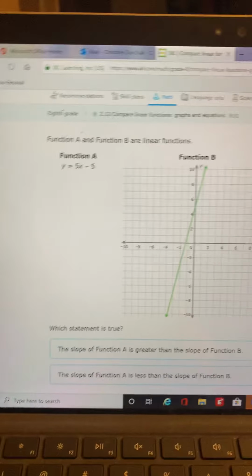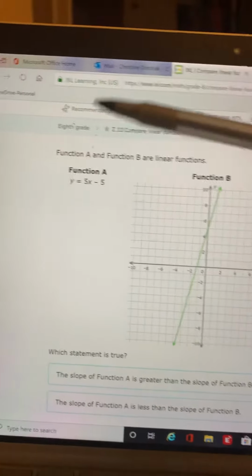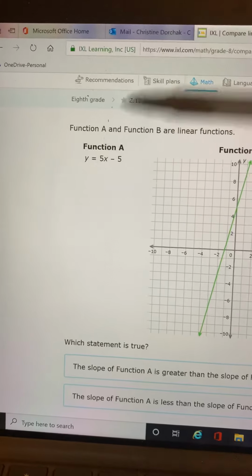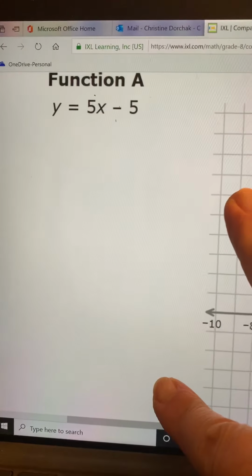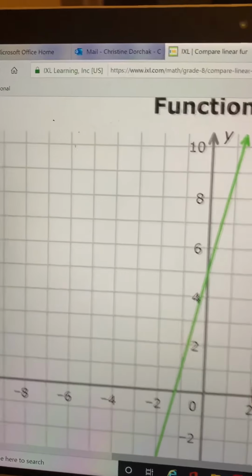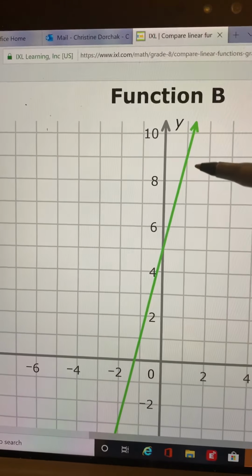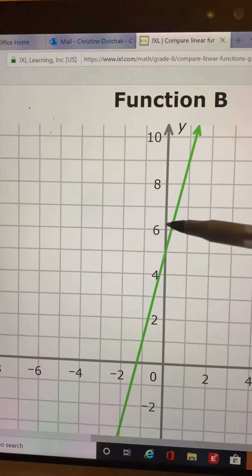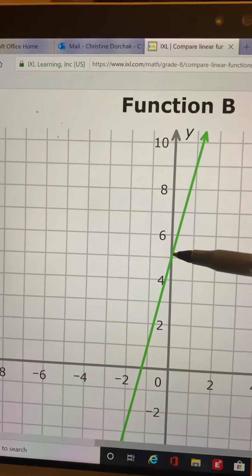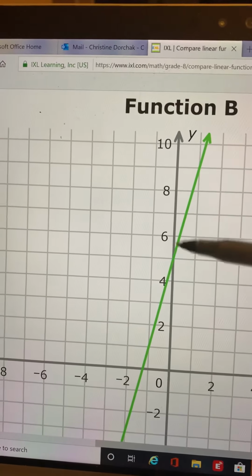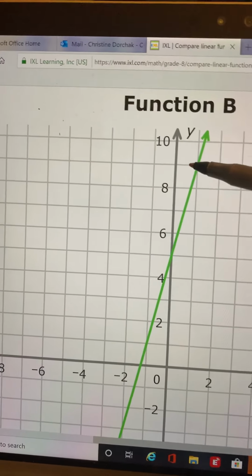This one again is on slope, so I'm just going to walk you through a little bit. Again, we have a slope of 5. That's the coefficient on the x. I'm going to look over here and check out the slope. I see a nice integer point here and another one here. This is at the 5 and that's at the 9. So it looks like it's going up 4 over 1.